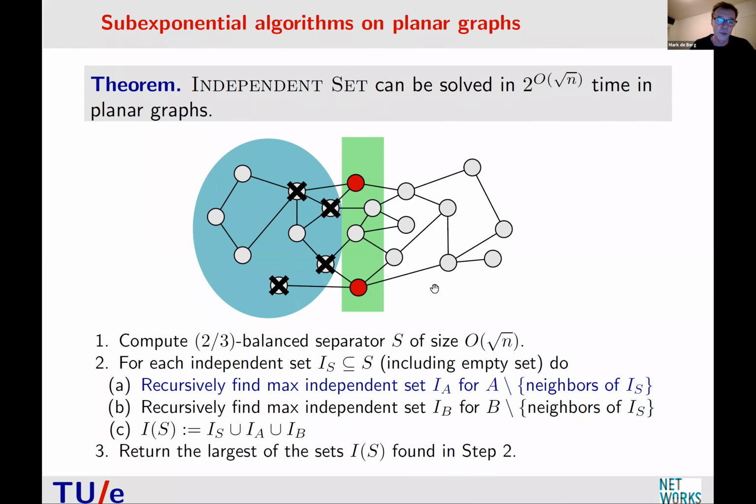So I simply throw out these nodes and then recursively compute a maximum independent set on the left in A. I do the same thing in B. And what I get now is the maximum independent set under the condition that I have this specific independent set from my separator.